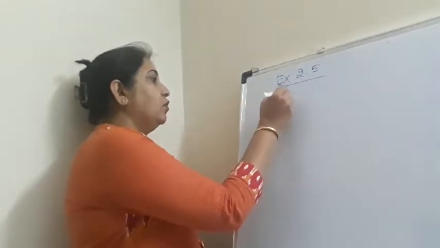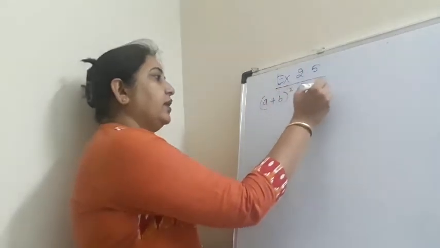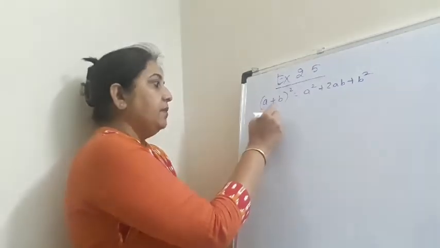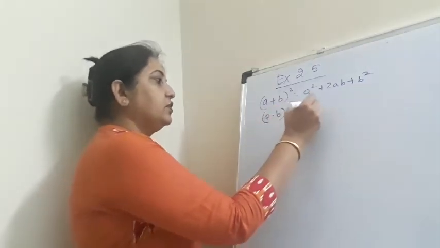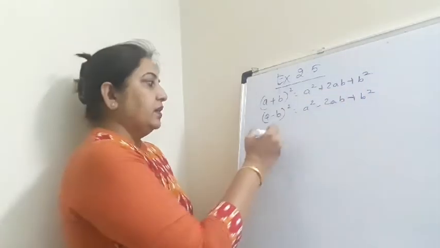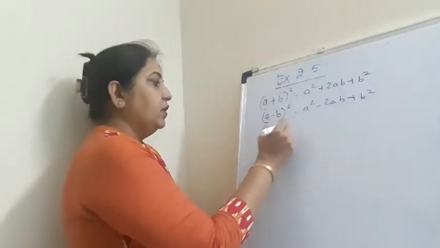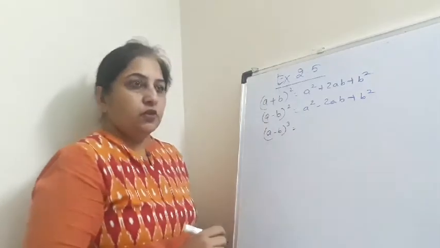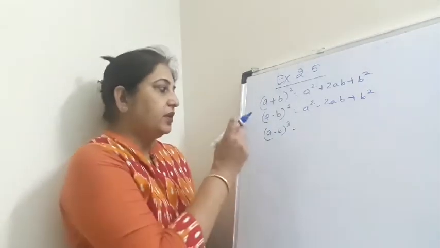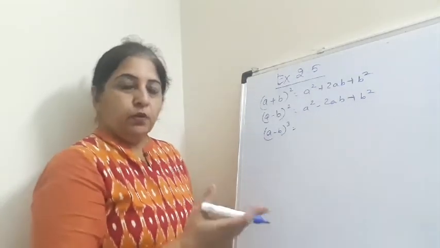(a + b) the whole square is equal to a square plus 2ab plus b square. (a - b) the whole square is equal to a square minus 2ab plus b square. Then (a - b) the whole cube. I taught you (x - y) the whole cube or (x + y) the whole cube. I will write here a minus b or a plus b; both are correct.